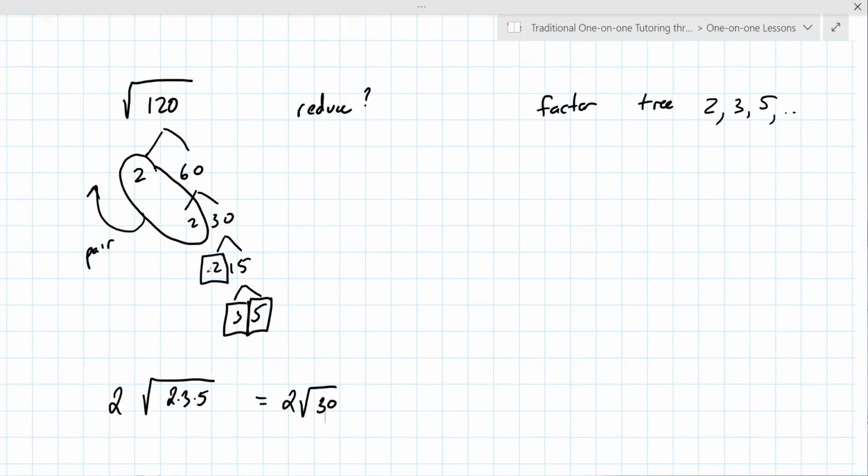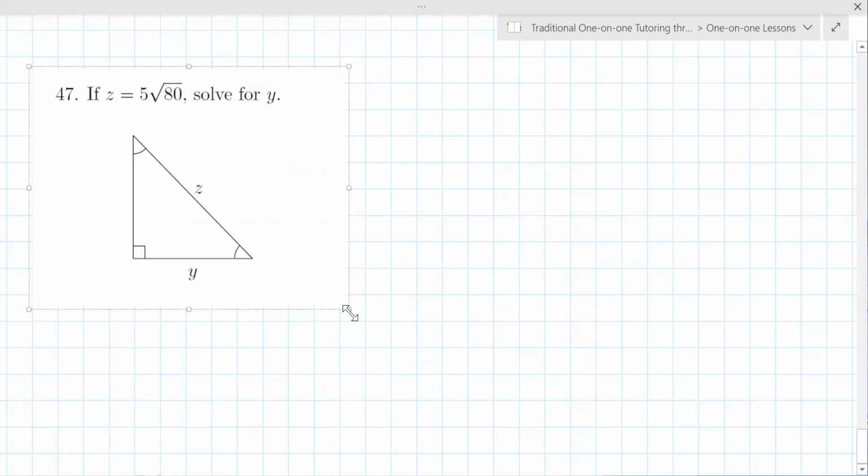So you might wonder why we're going into this diversion on reducing roots, which I do have another worksheet I'll send to you because it's a good skill to be able to do. It comes up quite a bit. This problem here, again, they're giving you the hypotenuse, they want the leg.